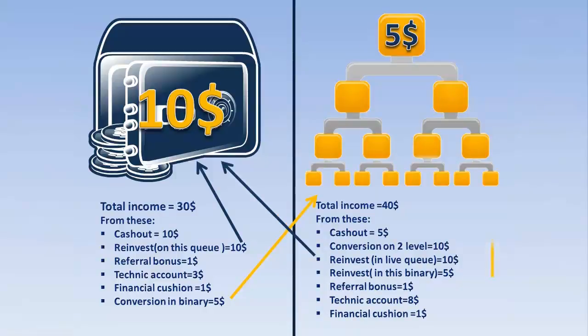Third, $10 is automatically spent on your reinvested place in the first stage. Fourth, $1 is deducted for the referral bonus and financial cashier, and for one technical account $8 goes to the first stage. And finally, $5 for your purchased reinvested place at the same stage of the binary.